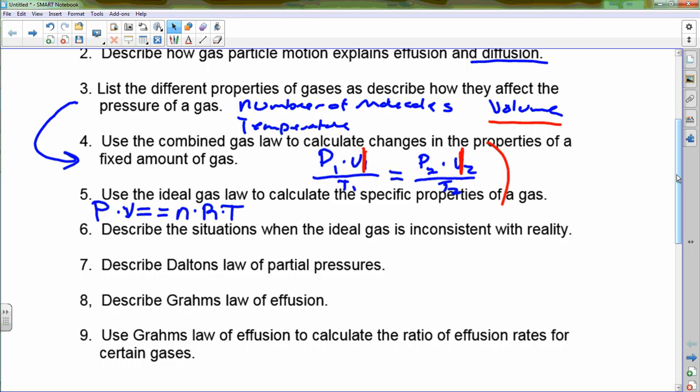So the ideal gas law is used when we just go, hey, like you guys did in the lab the other day, how many molecules are in this balloon? Or hey, based on this information, what would be the volume that this gas would take up?